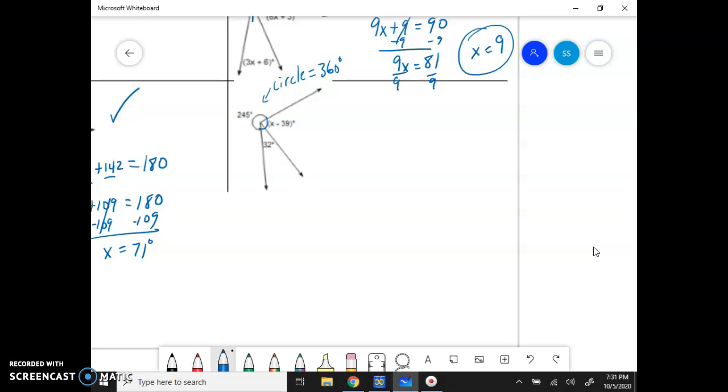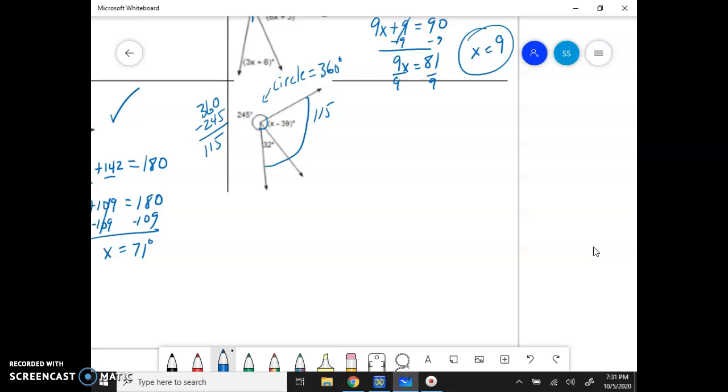So that means that this portion here is the remainder of 360 minus 245. If I subtract that out, I get 115. So basically from here to here is 115 degrees.